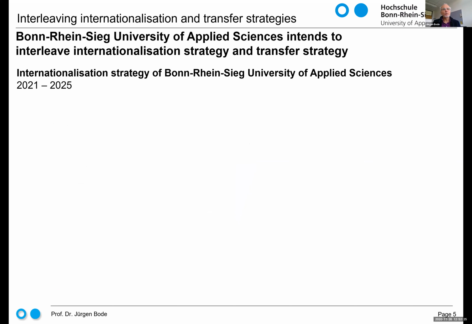So we are now in the process of developing a new strategy valid in the years 2021 to 2025. And one important element of this new internationalization strategy is interleaving our internationalization strategy with our transfer strategy, thus making our internationalization strategy rest on the specific profile of this type of University of Applied Sciences.